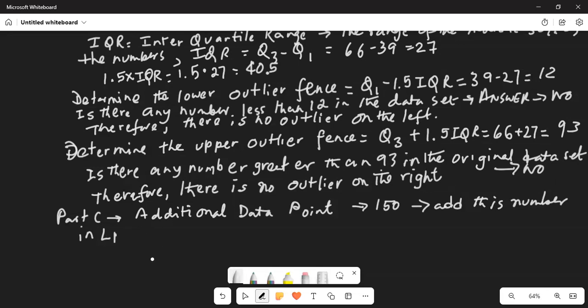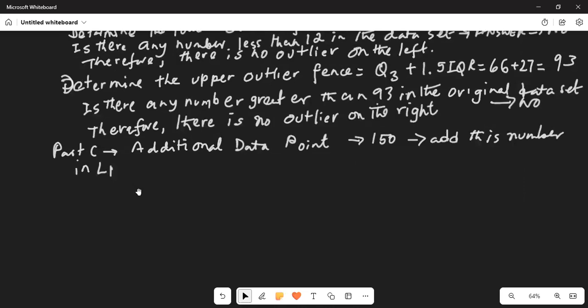Well, what happens to the mean now, and the standard deviation? So the new mean.